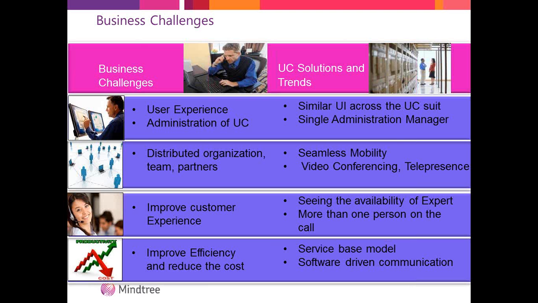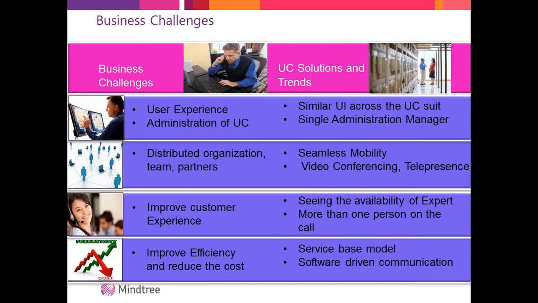The third, and a very important, point is how we can improve efficiency and reduce cost. Organizations are always under pressure to reduce the cost of operation. Here we can see that virtualization and the cloud-based service model are gaining a lot of momentum, so we are incorporating them inside the unified communication solution.